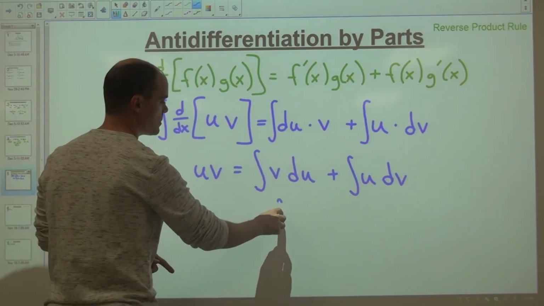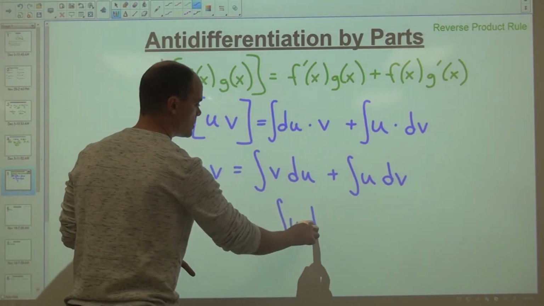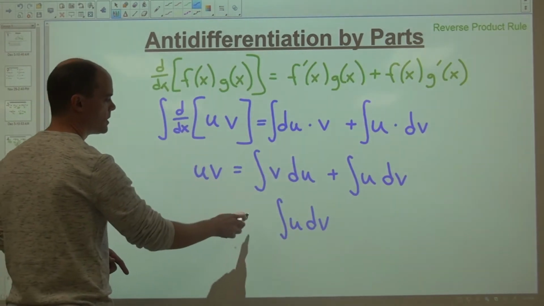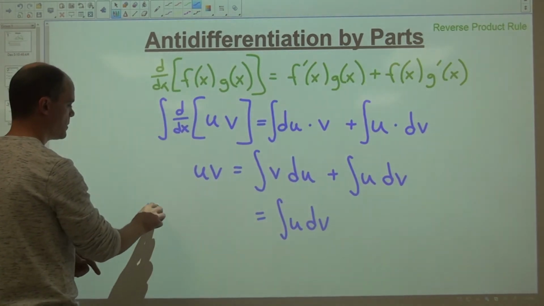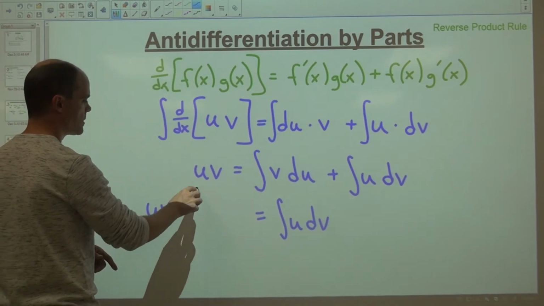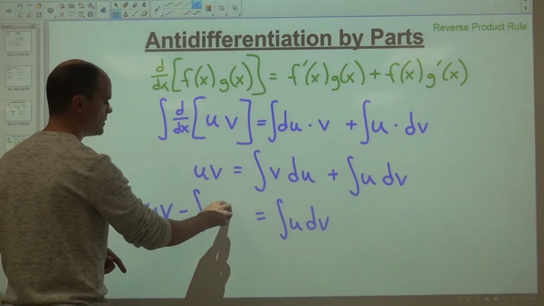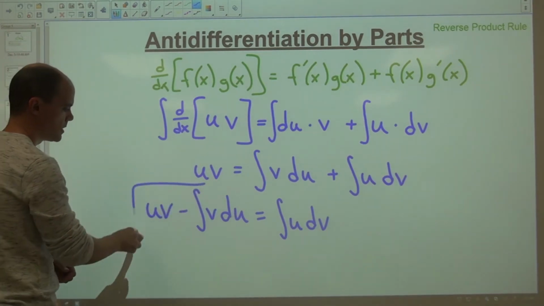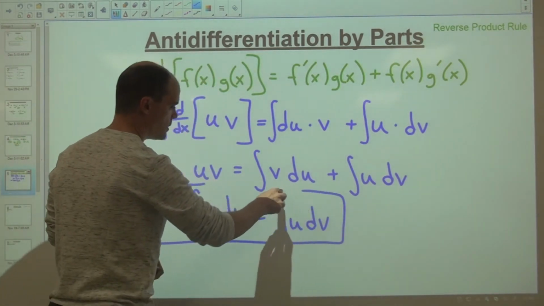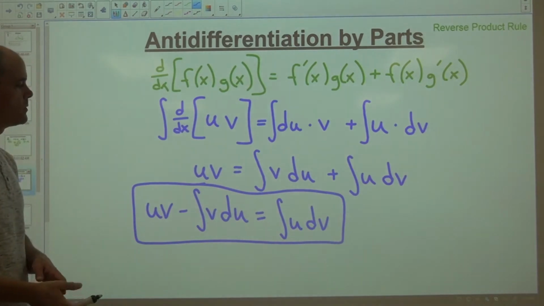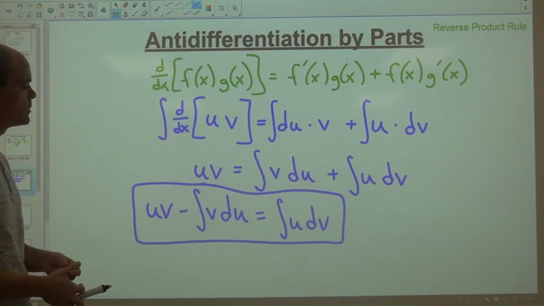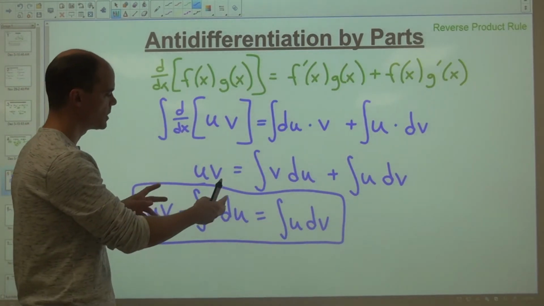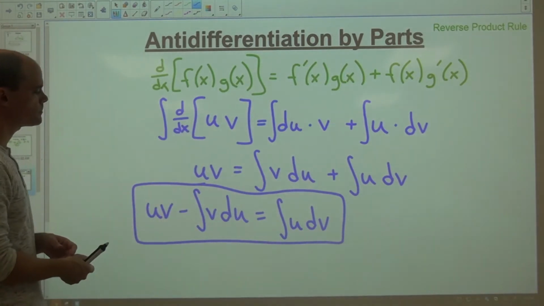So I get u dv on the right side. I'm subtracting this over to here, and I'm left with uv minus the antiderivative of v du. So this is our golden rule for products, this is what we'll use to undo all of our product rules. Somebody applied the product rule and got this answer. We're going to use this to undo it.